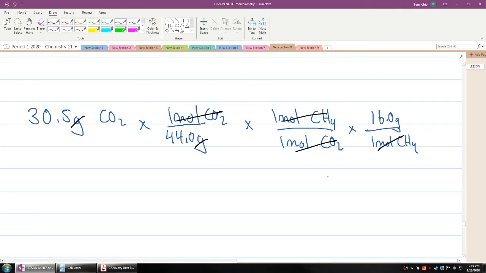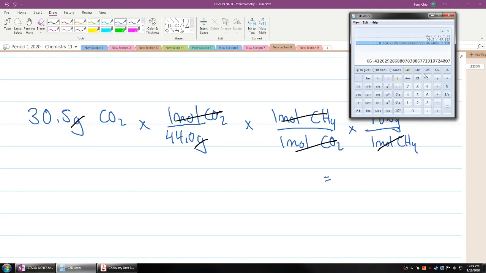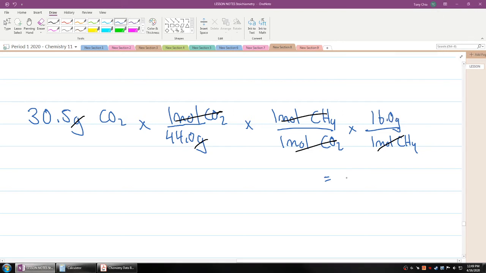So if we calculate it this time, 30.5 divided by 44 times 16, we will get 11.09 grams of CH4 actual.